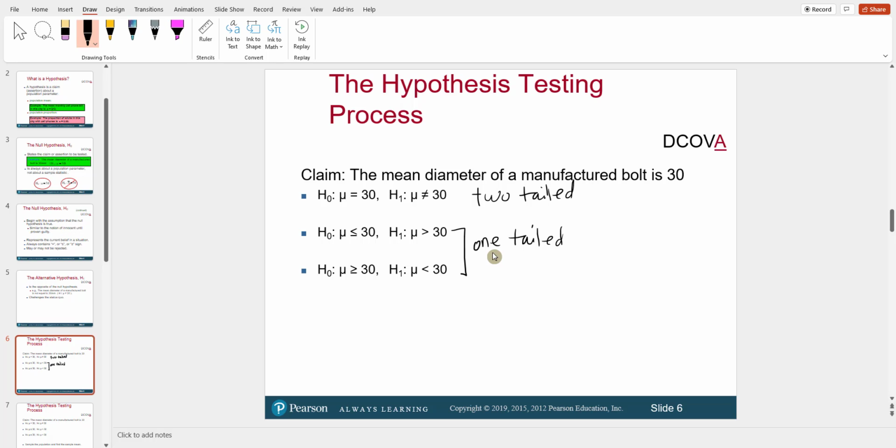This second one is a right-tailed test because your alternative hypothesis, the inequality sign is pointing to the right. And for the third one, it is less than, so we call that a left tail test. You can also call this a lower tail test. You can also call this an upper tail test. But whatever the case, it's one tail.